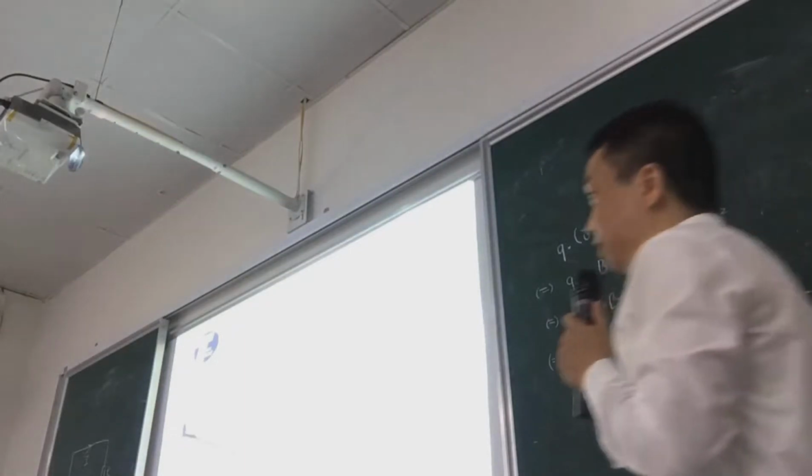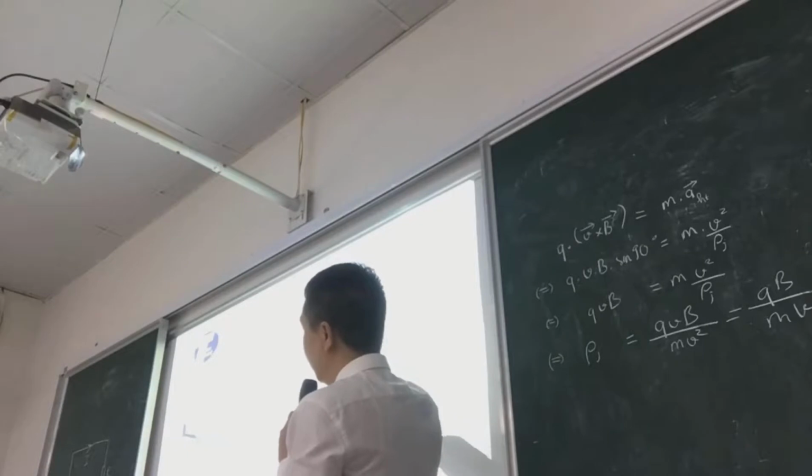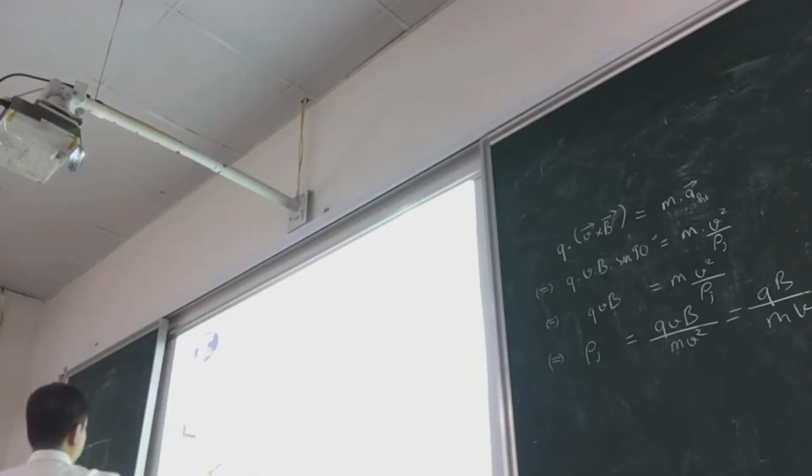Okay, so we come to the exercise. In this exercise, compute B at the point P. Okay, you have a straight line carrying a constant current I, and the length of the line is from minus a to a.